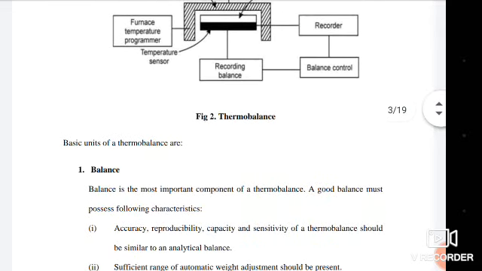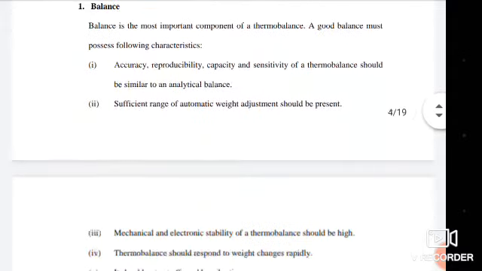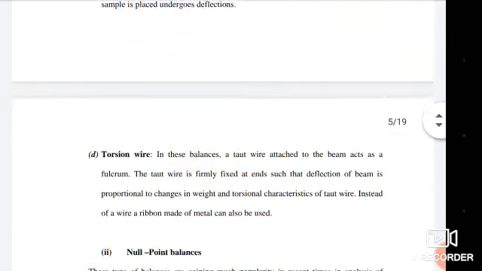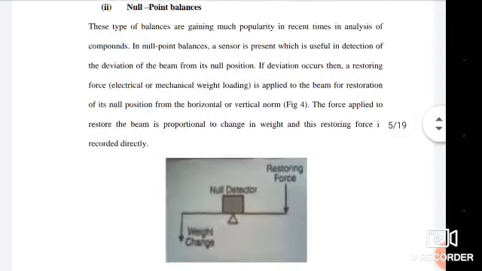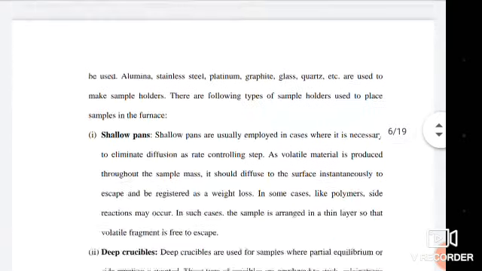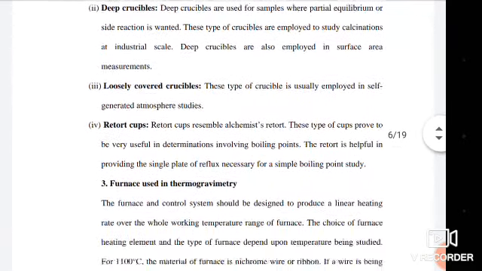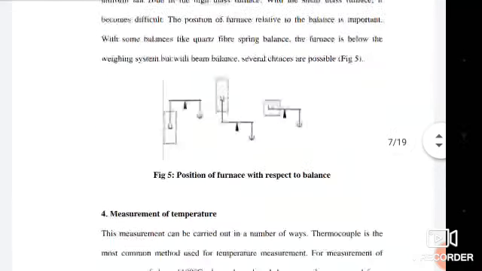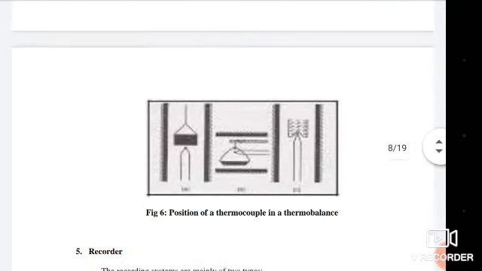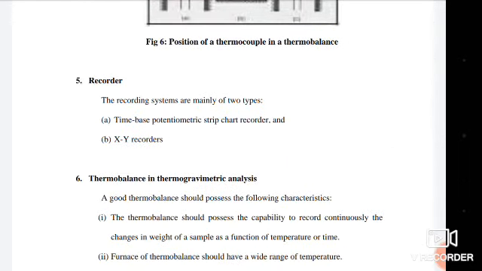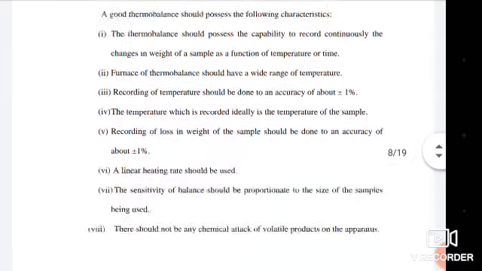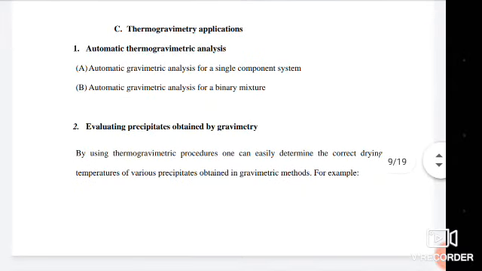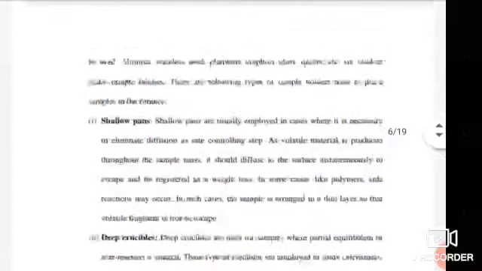What type of balance is used and its characteristics, the sample holders such as shallow pans, deep crucibles, loosely covered crucibles and retort cups, the furnace used in thermogravimetry, measurement of temperature, and the recorder. These are the components of thermogravimetry, and the factors affecting TG and the applications of TG we will see in the next lecture.